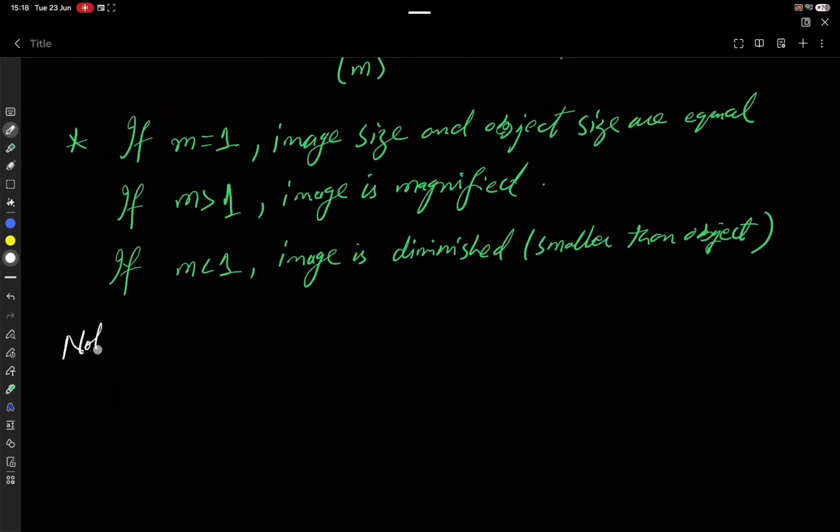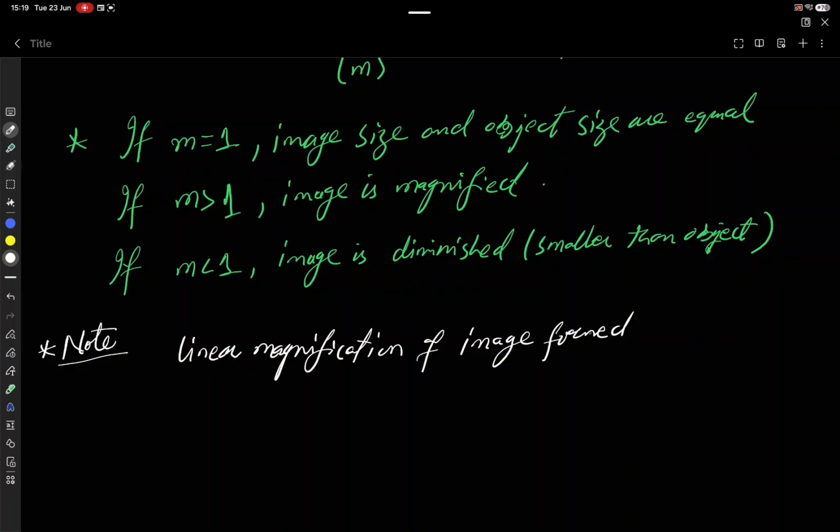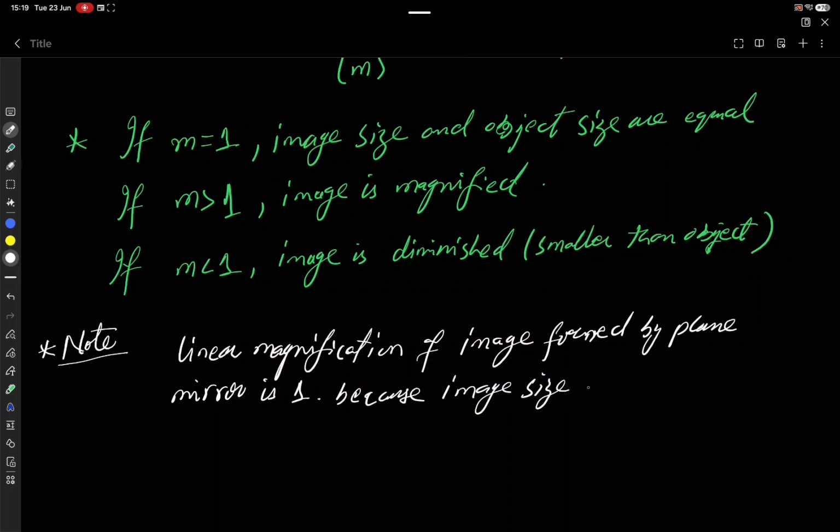So note that the linear magnification of the image formed by a plane mirror is 1, because image size and object size are the same.